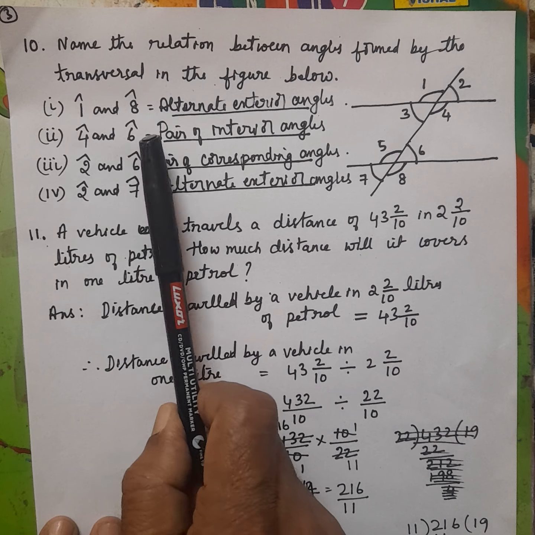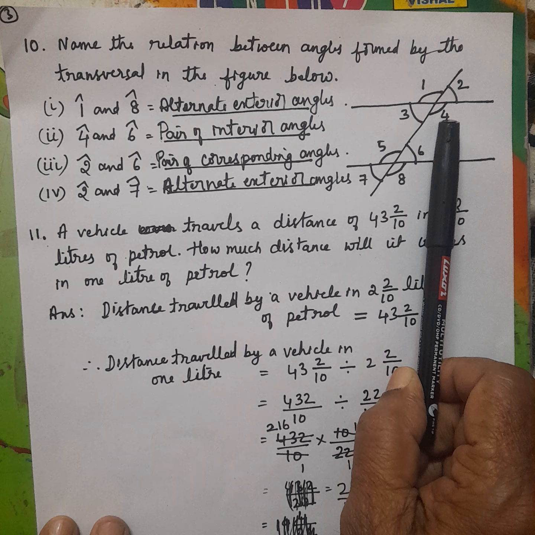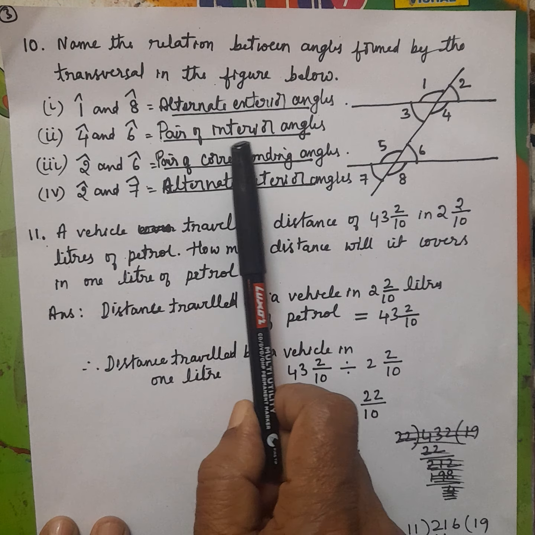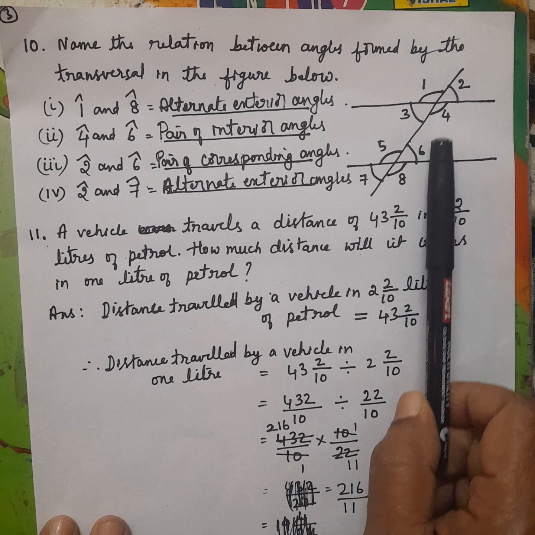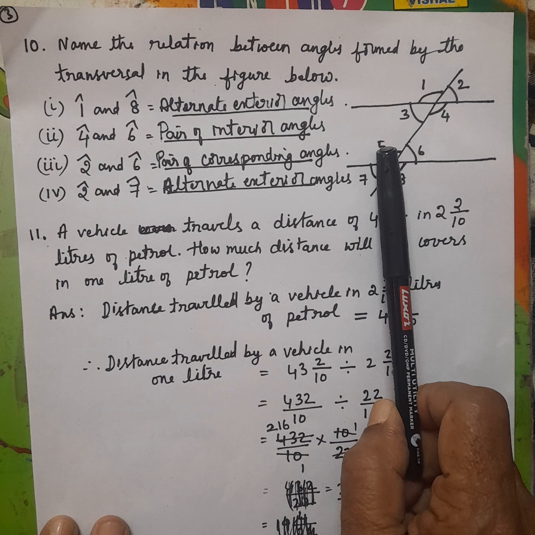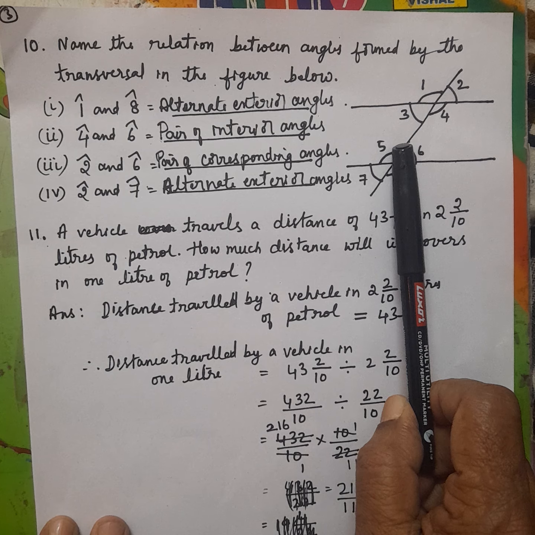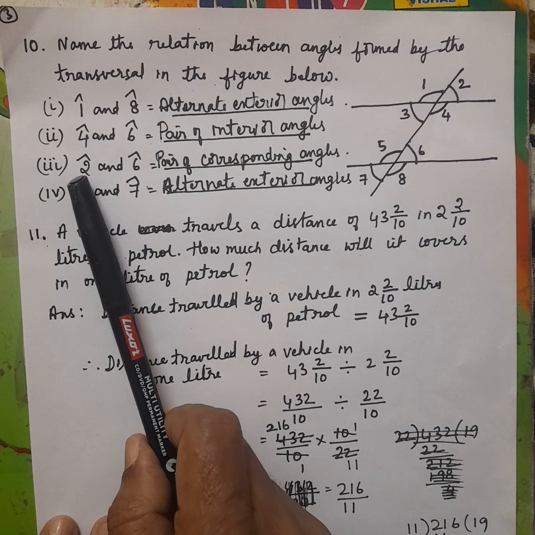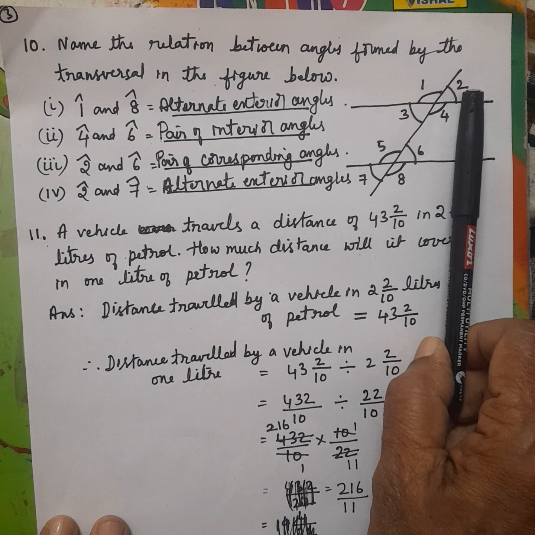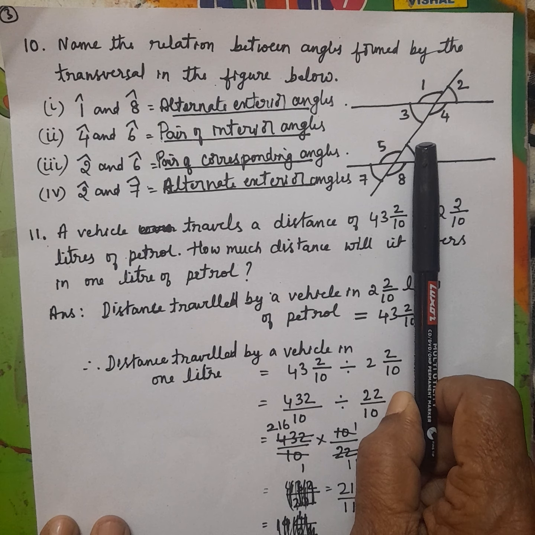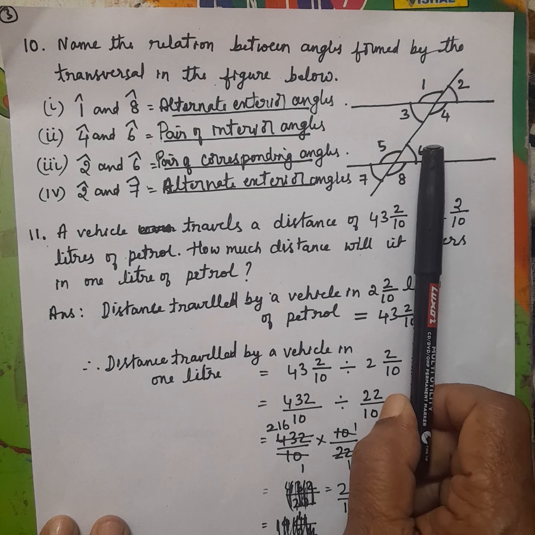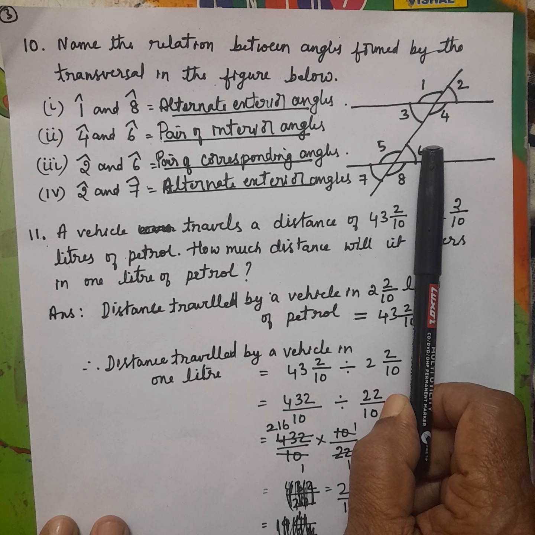Now angle number 4 and 6, these are called a pair of interior angles. In the same way 3 and 5 are also a pair of interior angles. Now angle number 2 and angle number 6 are called a pair of corresponding angles.